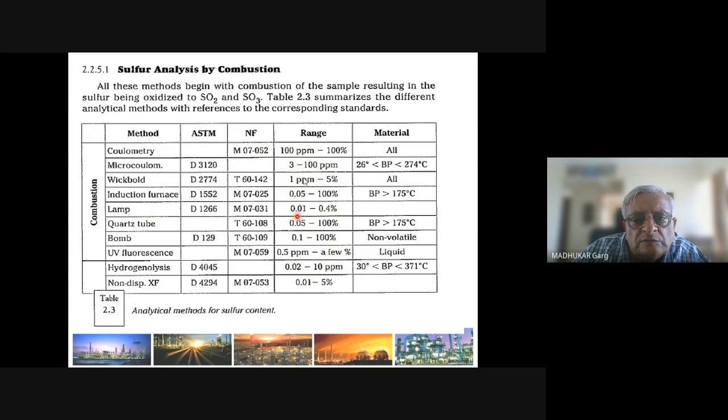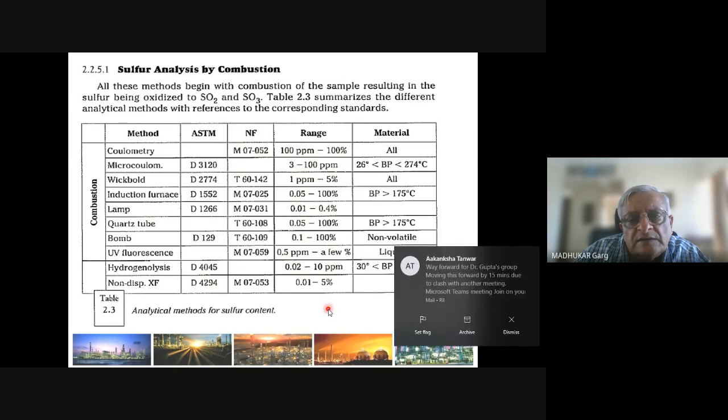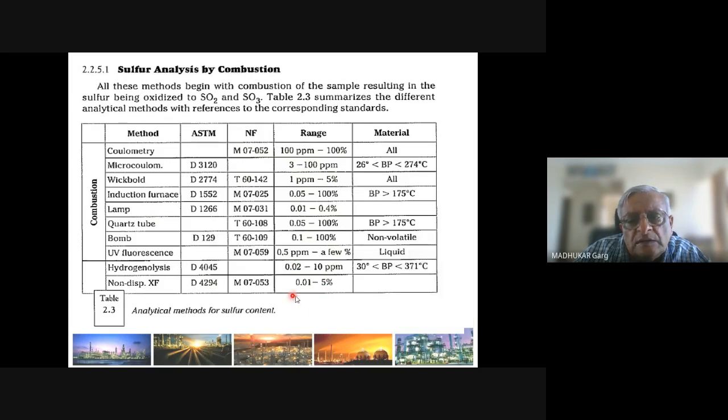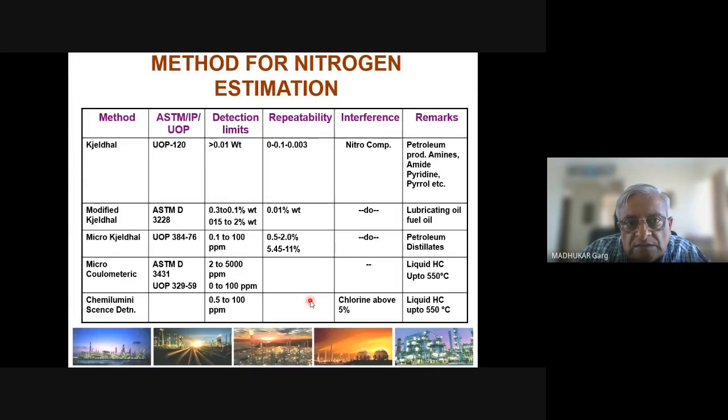Sulfur content is not only measured for the crude oil, but also for various hydrocarbon fractions as well. As I mentioned, both gasoline and diesel sold in the market today at our petrol stations have less than 10 ppm sulfur. Coming to nitrogen, nitrogen is also now measured, mostly at the ppm level.